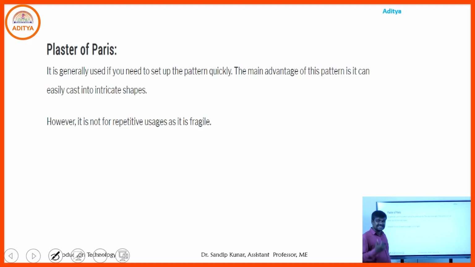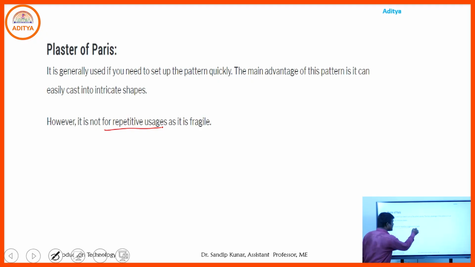And what are the disadvantages of plaster of Paris material? Plaster of Paris is a fragile material, meaning a brittle material. It is not suitable for repetitive use. It has no repetitive use because it is a fragile, brittle material.